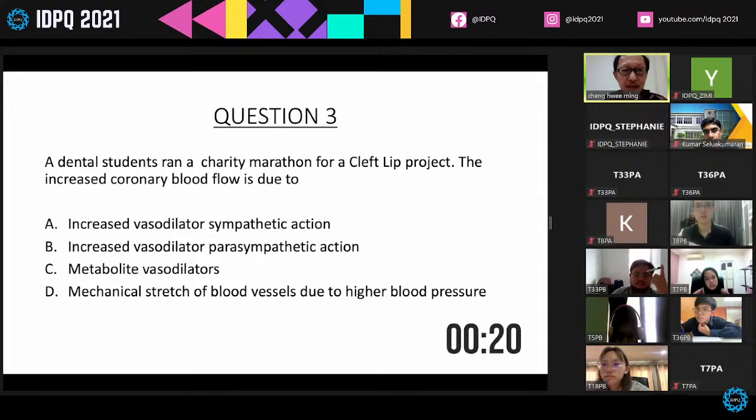The increased coronary blood flow is due to increased vasodilator sympathetic action, increased vasodilator parasympathetic action, metabolic vasodilators, or mechanical stretch of the blood vessels due to the higher blood pressure. Your time starts now.